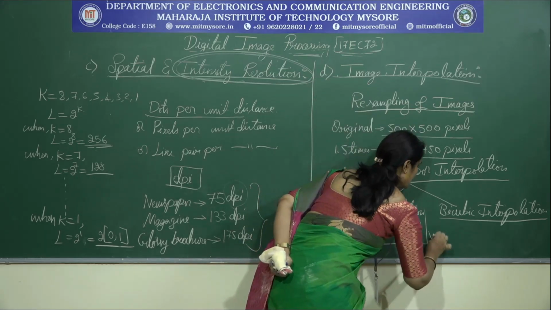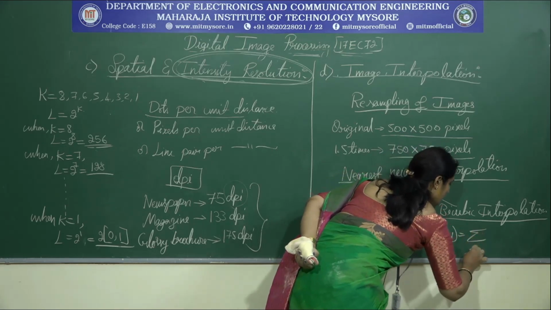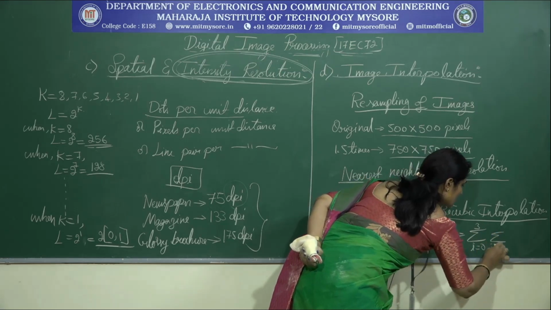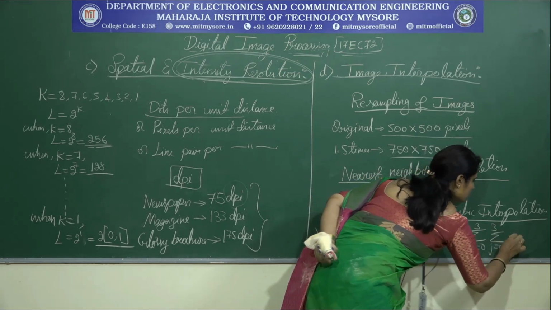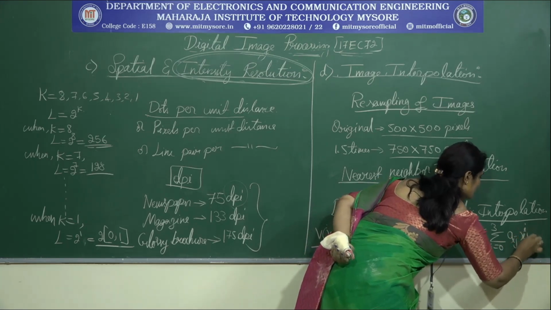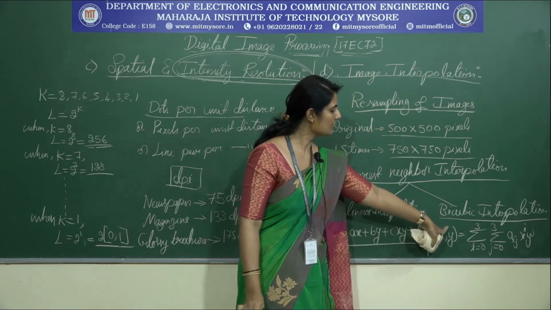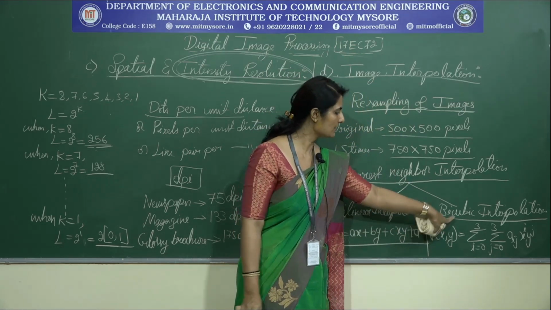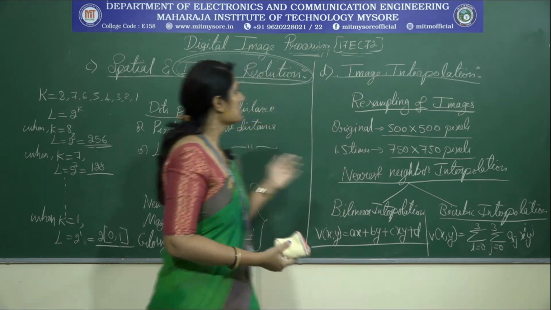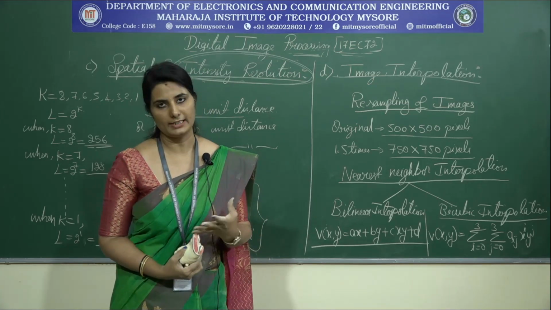So here in this method we use this formula. So using this formula, we assign a new intensity value to the new pixel by using bicubic interpolation. So this is all about the basic concepts of sampling and quantization.